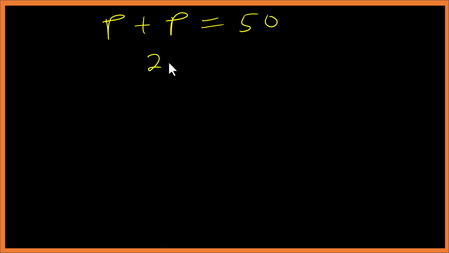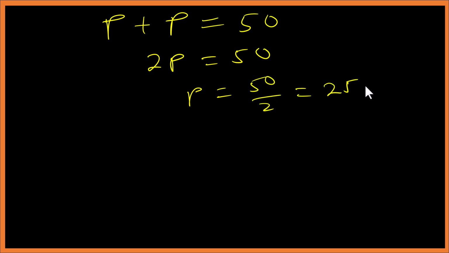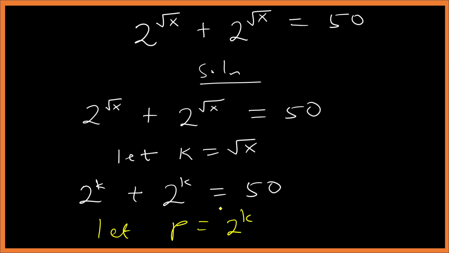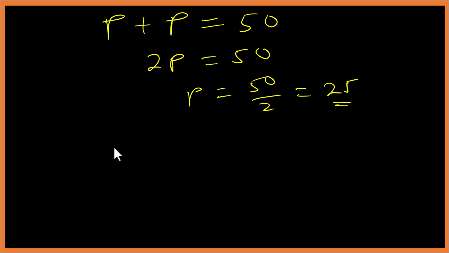So we have 2p equals 50. Therefore, p will be 50 on 2, which is 25. So let's bring back p to its position. So we have p, that is 25, equals 2 raised to k. So 2 raised to k is the same as p, which is 25.